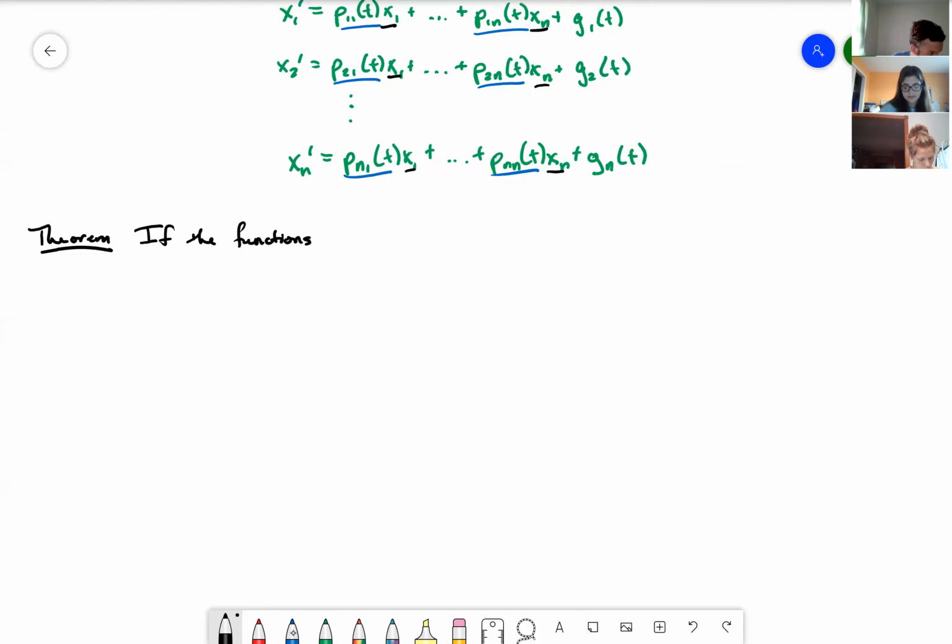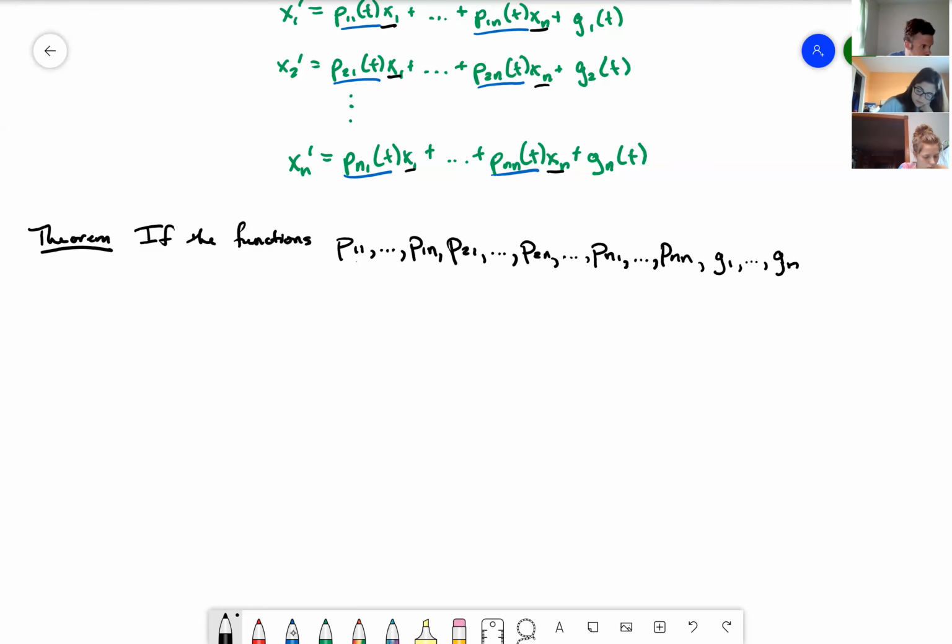If the functions pij, I'll be a little more clear, p11 up to p1n, p21 up to p2n, and so on up to pnn, and all of the g's, g1 up to gn, are continuous on the open interval I, which we'll say goes from alpha up to beta.